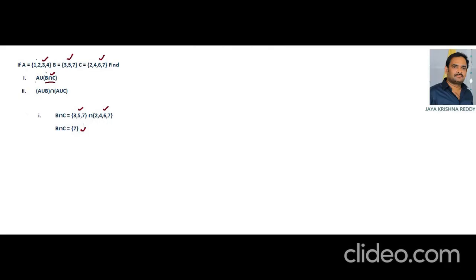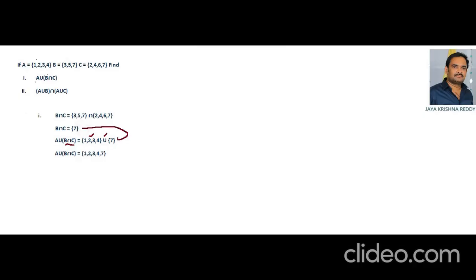Next we have to make the union of set A and B intersection C. So first write the elements of set A, union, and next the elements of set B intersection C.